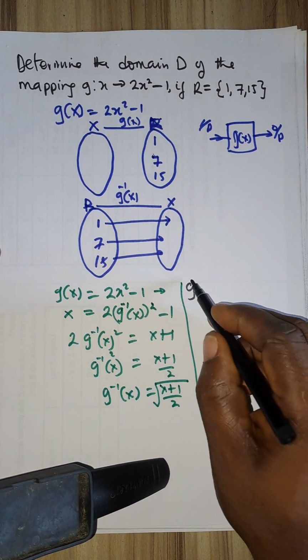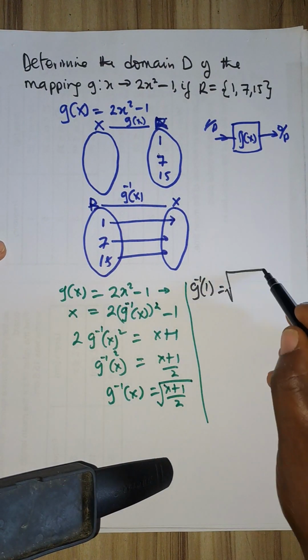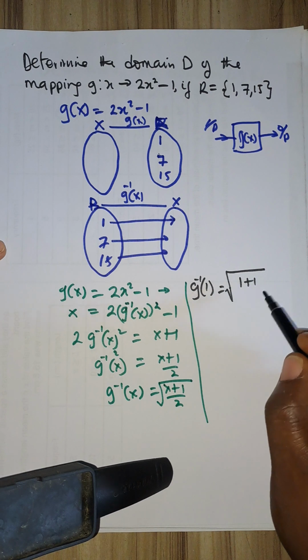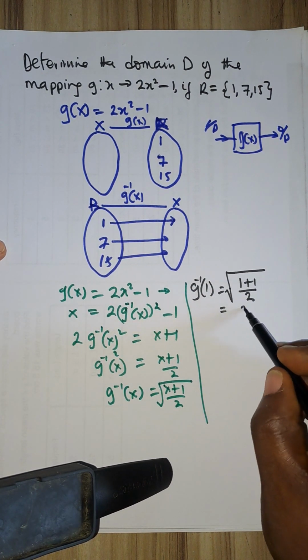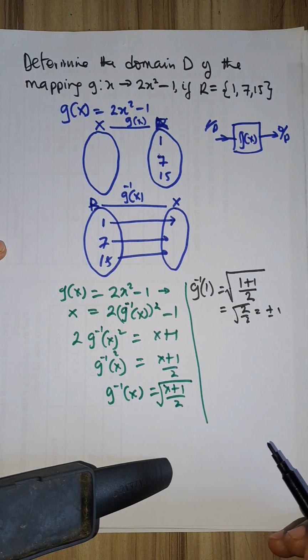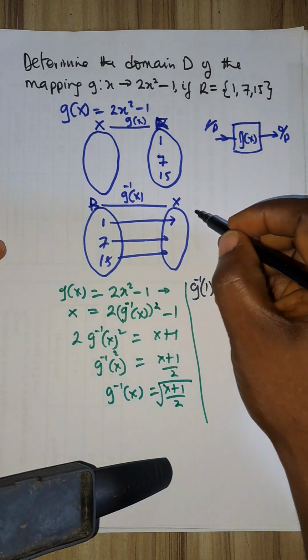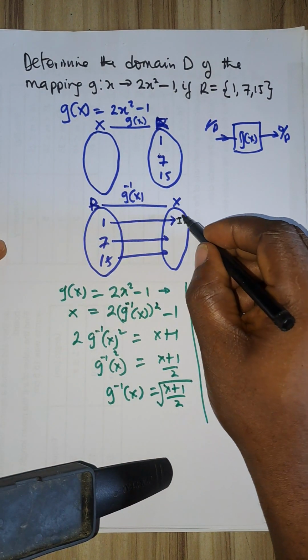Okay, g inverse of 1, that is 1 plus 1 all over 2. That gives us 2 over 2, square root of 1, which is plus or minus 1. See that? So we have plus or minus 1.